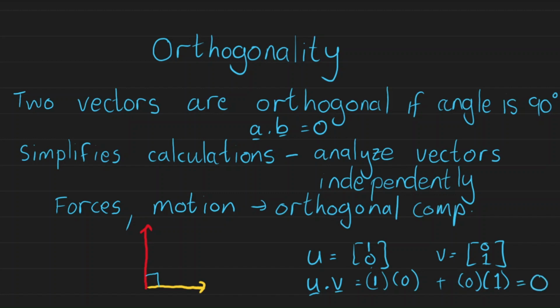So what this means is that these two vectors form the basis of the 2D plane, and we can actually write any vector in the 2D plane as a combination of these two vectors.